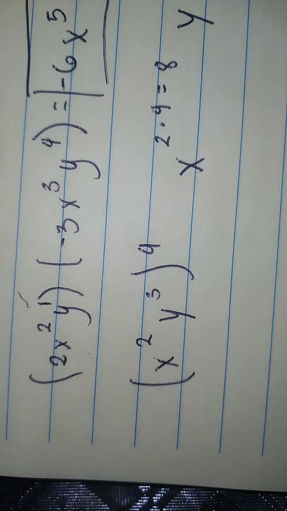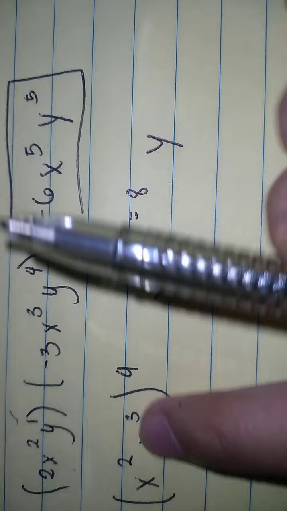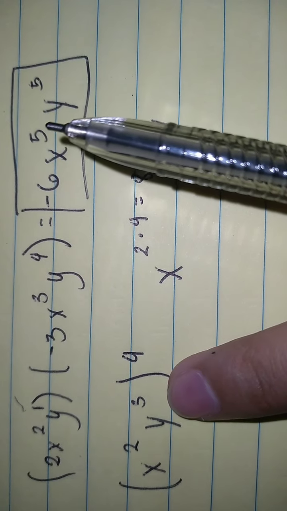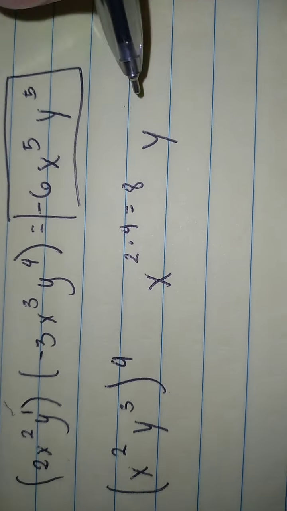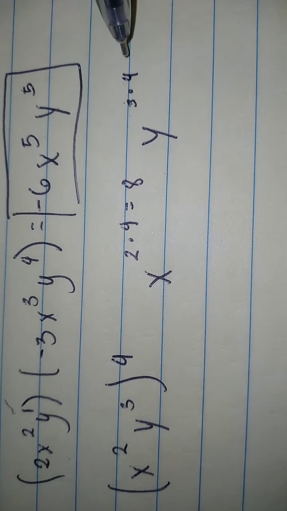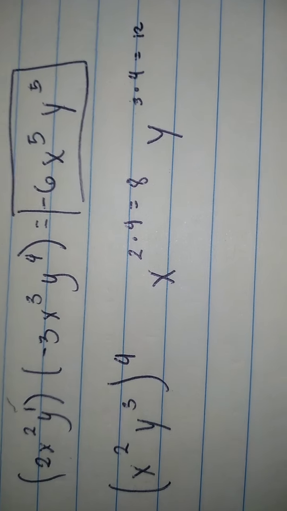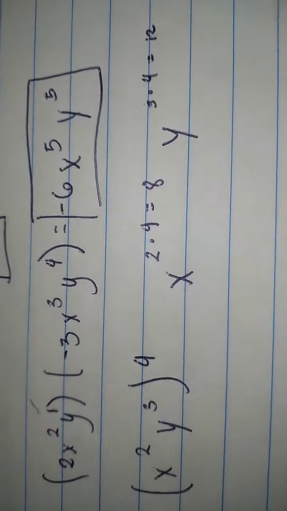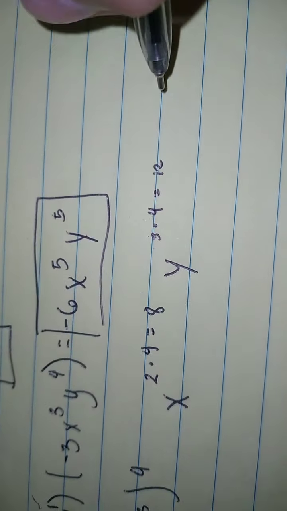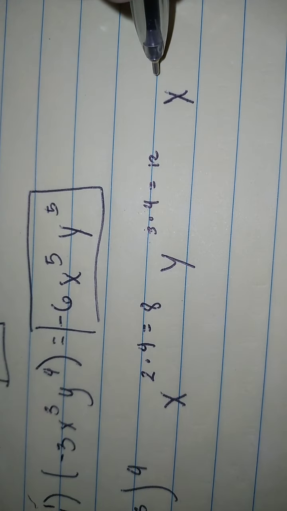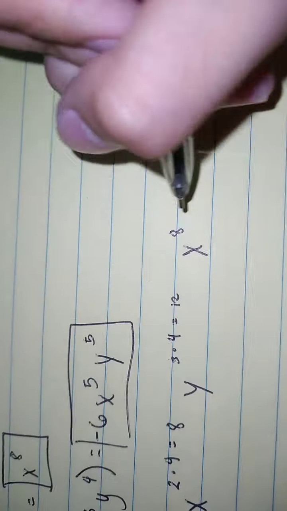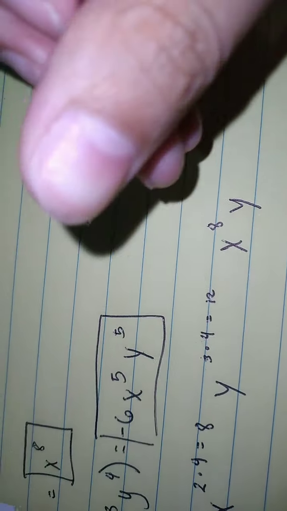Then y, 3 times 4 is equal to 12. So therefore, the answer is x raised to the power of 8 and y raised to the power of 12.